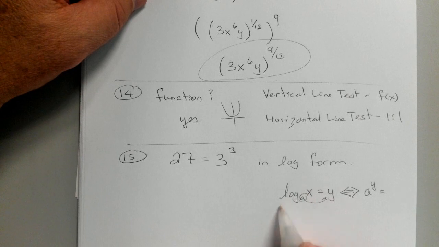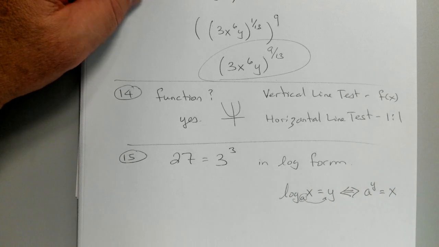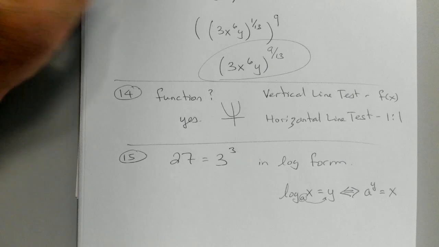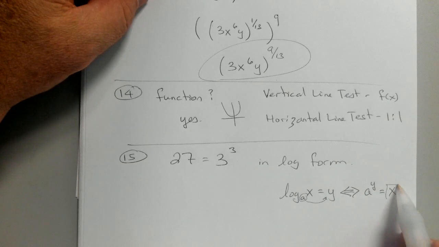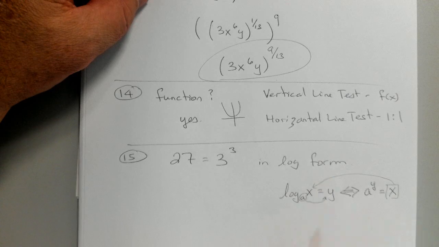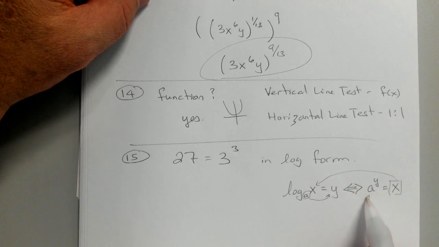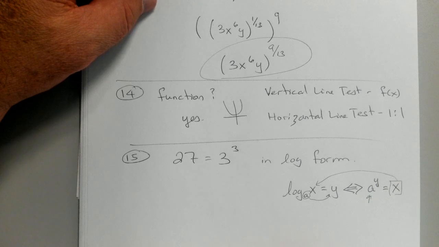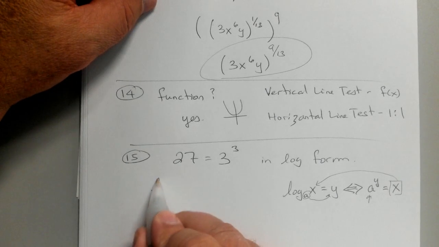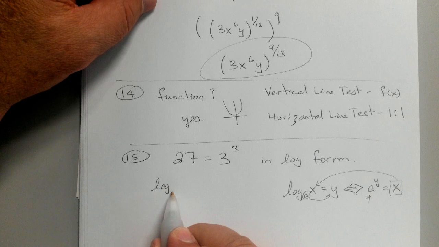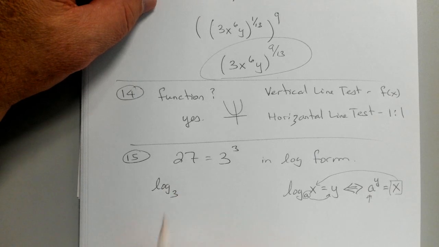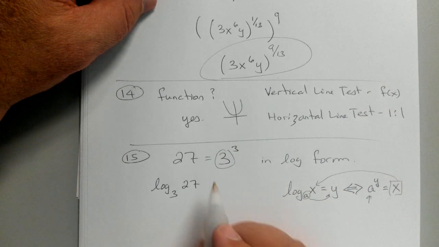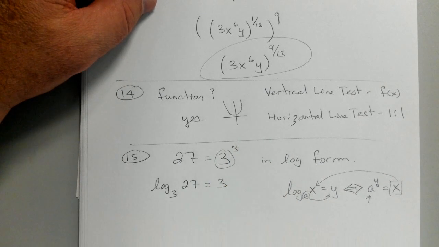Whatever's by itself is the x value. The base is the base, and the answer is the exponent. It's log base what? 27, because this is the base, has to remain the base, equals 3.